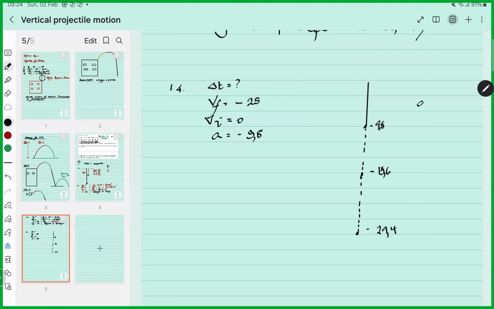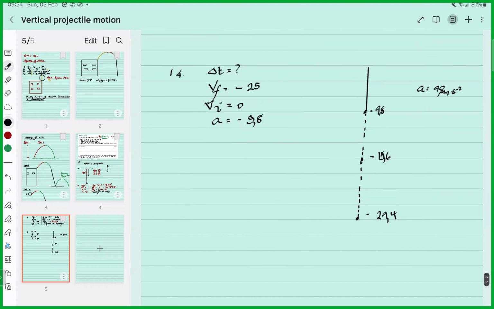So when we say that the acceleration is 9.8 meters per second squared, we mean that the velocity changes by 9.8 meters per second every second. So I guarantee you, if you're starting off with an initial velocity of 0, this time should be about 2.54 seconds, roughly. I don't know exactly what it is, but it should be around there. Let's see what it is.